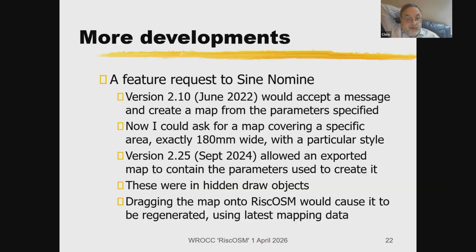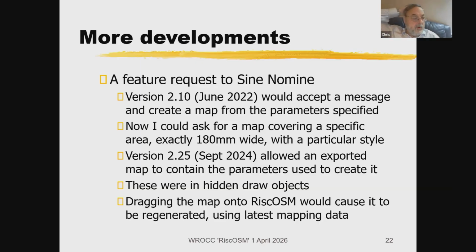And a later version, now in September 2024, another feature request, allowed an exported map to contain within itself those parameters that have been used to create it in the first place. They were in hidden draw objects, and dragging the map onto RiscOSM would cause it to be regenerated using the latest data.